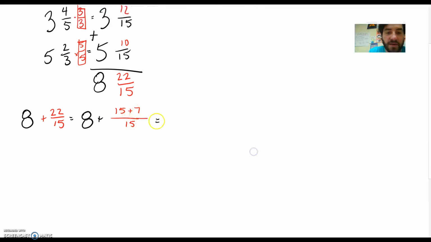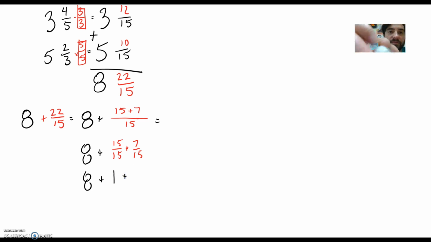So I'm going to write that. This is equal to 8 plus 15/15ths plus 7/15ths. And I know that 15/15ths is one whole. So I'm going to write this as 8 plus 1 whole plus 7/15ths.